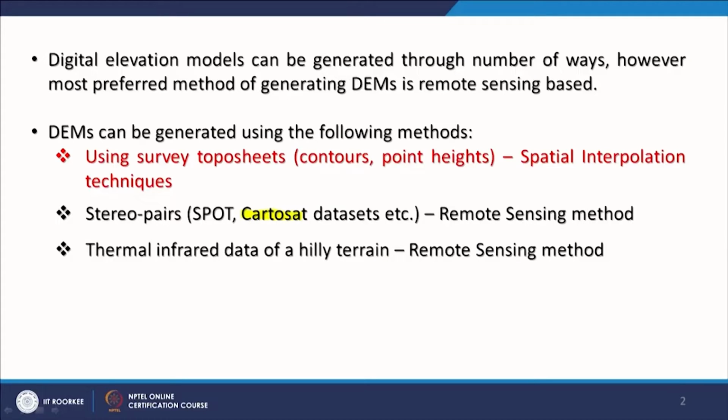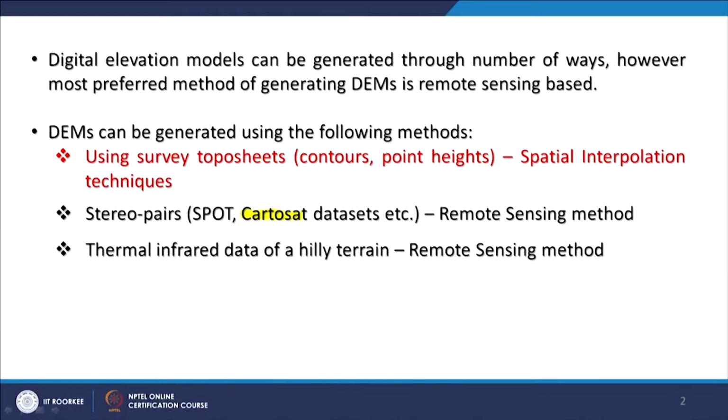So Cartosat has really provided a great impetus for the development of digital elevation models. Also, if you visit the Bhuvan portal of NRSA, which is part of ISRO, you can download high resolution digital elevation models which have now been generated for the entire India, and they are available free of cost also.